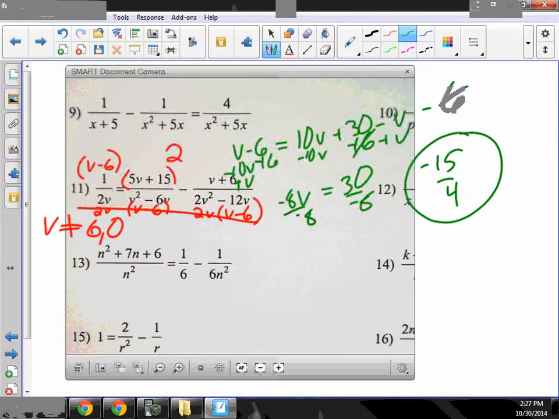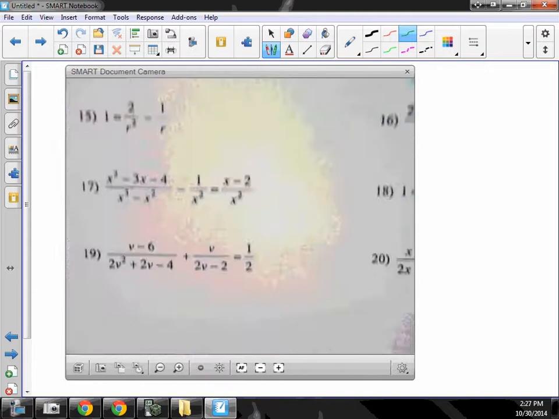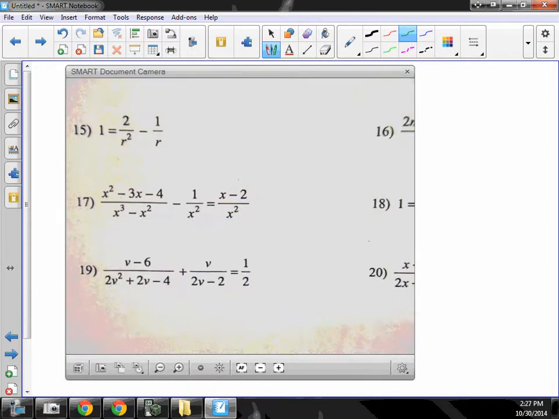For example, 15. What is my common denominator on 15? R squared. So my first fraction needs an r squared. My second fraction already has an r squared. My third fraction needs an r.